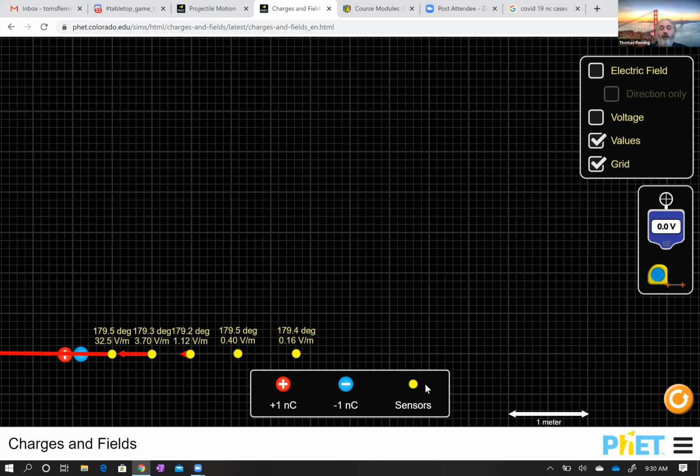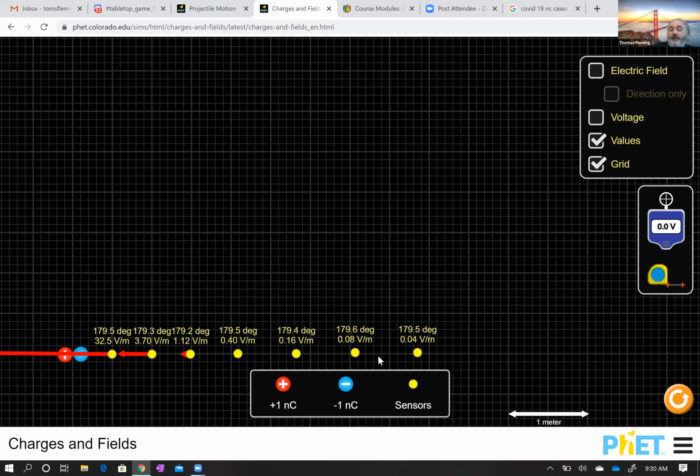I want to have a pretty good range of data, and I'm trying to keep them all along that same axis. So notice this angle is trying to be as close to 180 as I can get it. And so now I've got a bunch of data points. At this point, that's so tiny, going out much further, I'm not going to be able to read much.